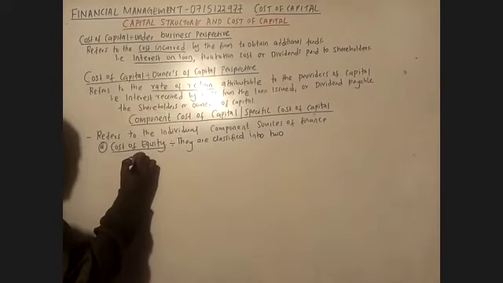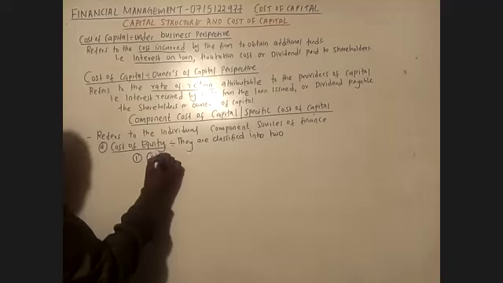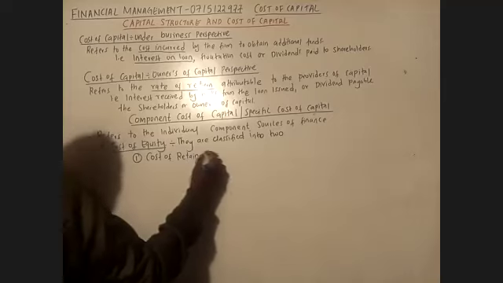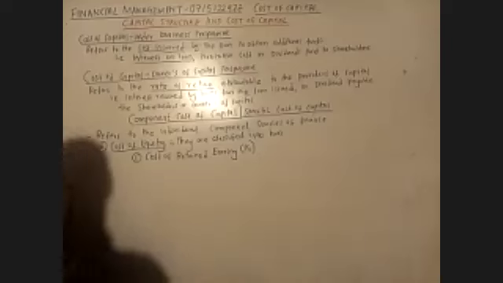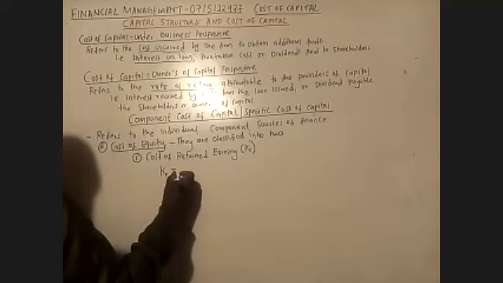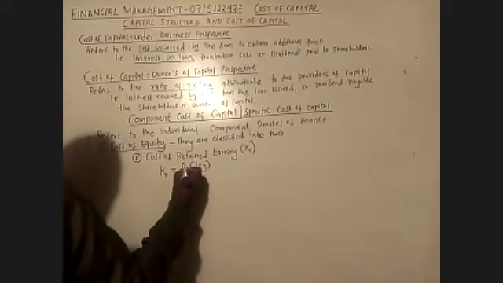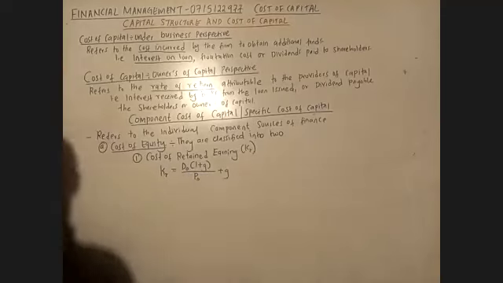Number one, we can talk about cost of retained earnings, which is given by KR, and we can say KR is equal to D0(1+g) over P0 plus g.